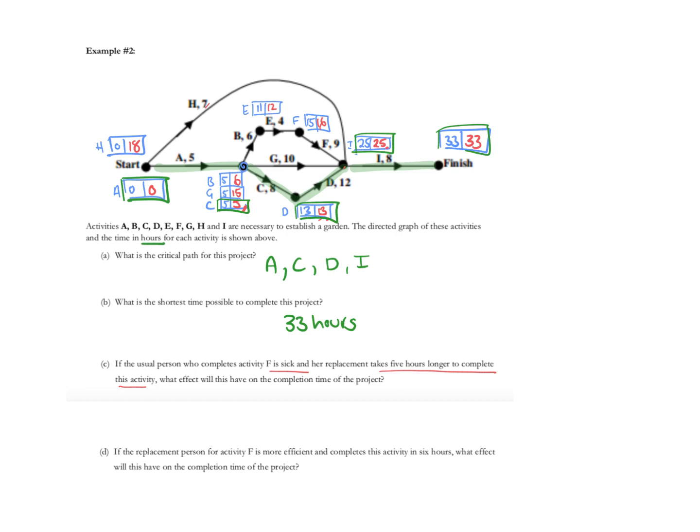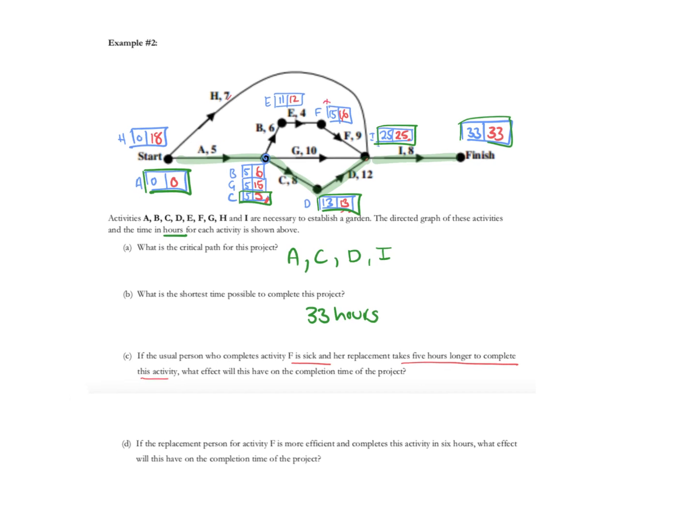So if you're at F up here, you'd be at 15. Add on 5, that would get you to what? 20? Wouldn't it have no effect because it's not the critical path? Sorry, no, you've got to add on 5 more onto that.